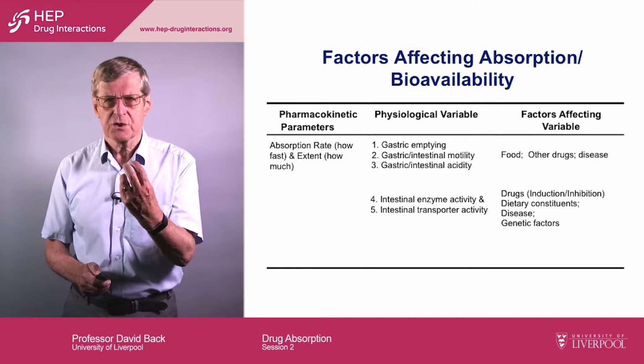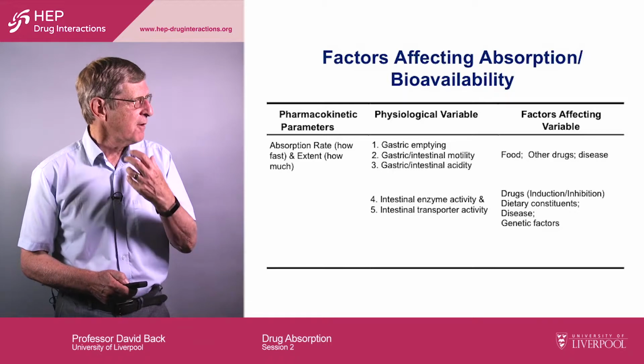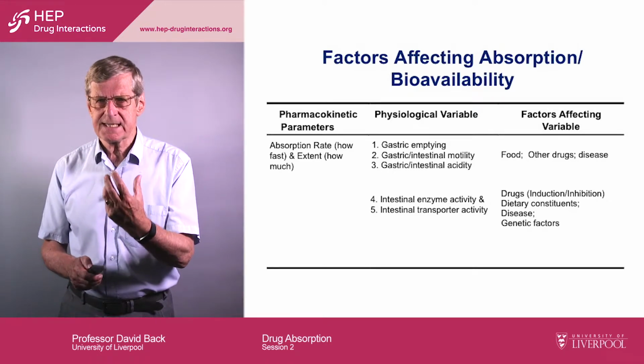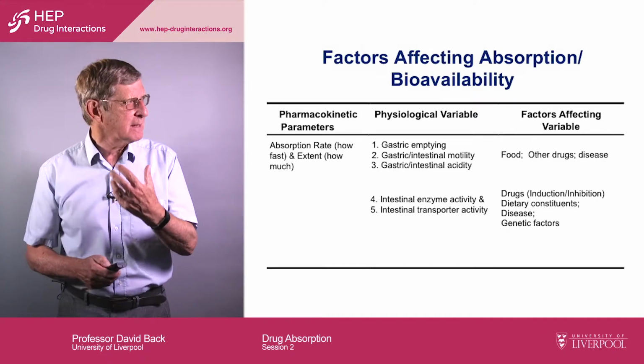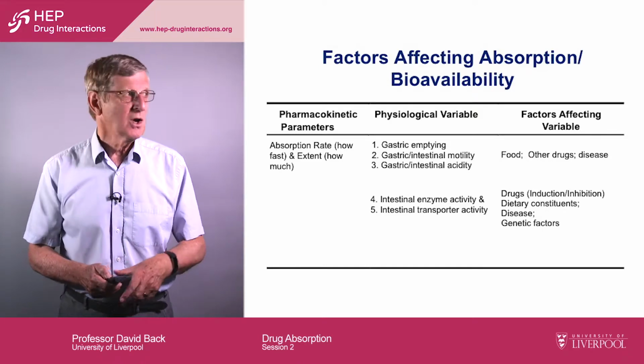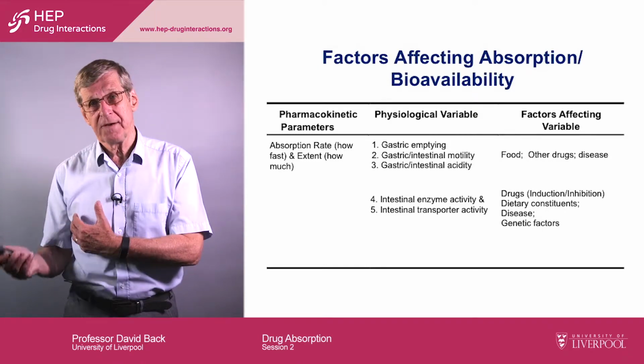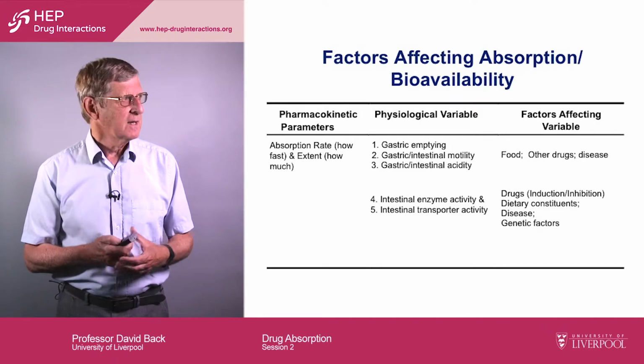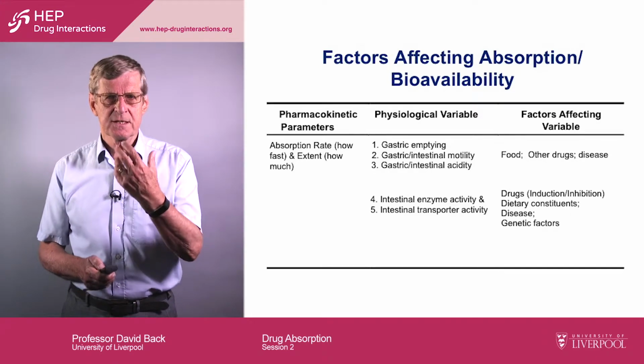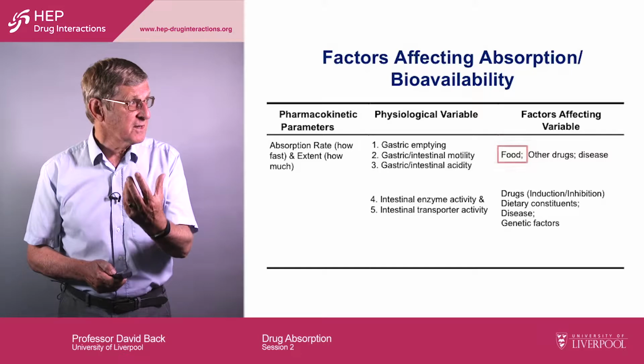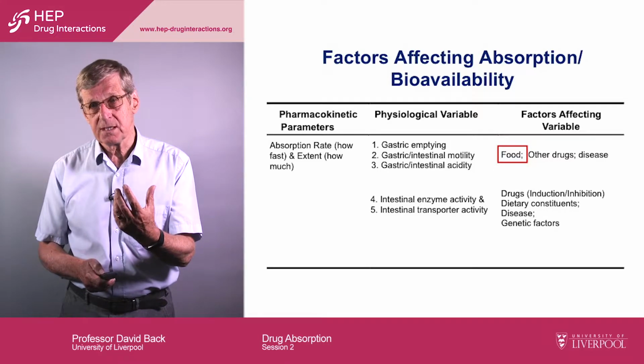So how much drug is absorbed and how fast it's absorbed, the rate and extent, will be governed by some of these physiological variables, which in turn can be affected by a number of factors. And I've listed some of those factors: the presence of food, the presence of other drugs, disease, for example.